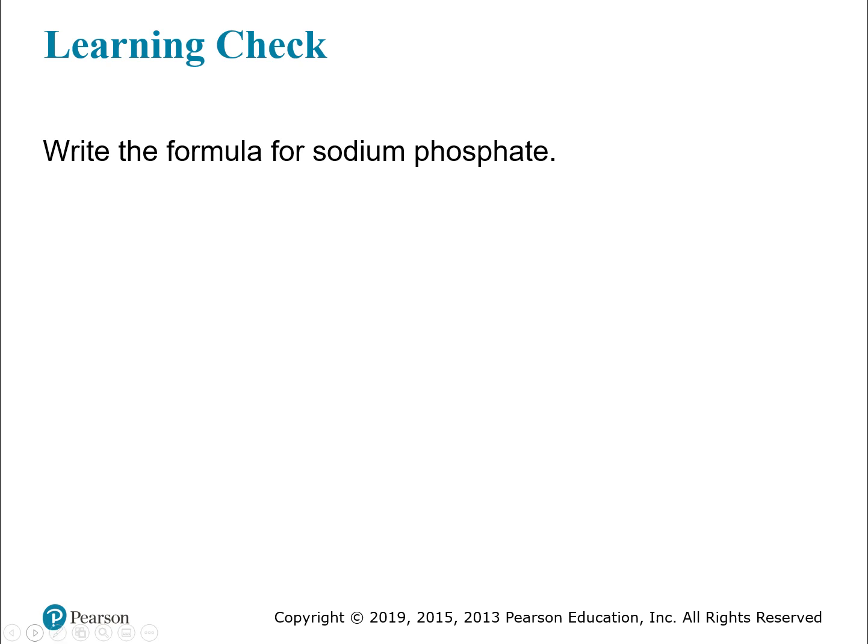Okay, one more example. These polyatomic ions can be a little tricky. Again, you're going to ask yourself, transition metal or nah? Sodium, nah. It's in group 1A.